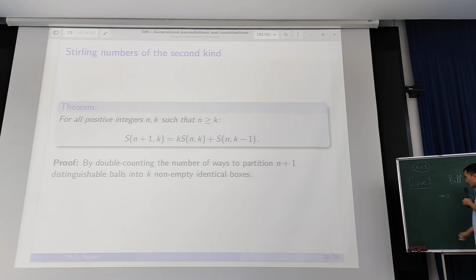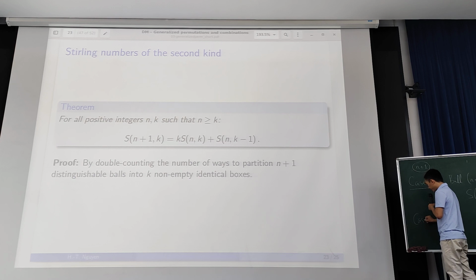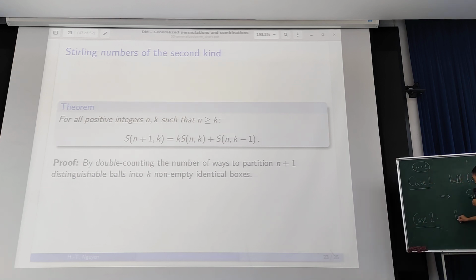Okay? So case number 2. Of course, if this ball is not in a standalone box, then that means that it shares a box with some other balls.